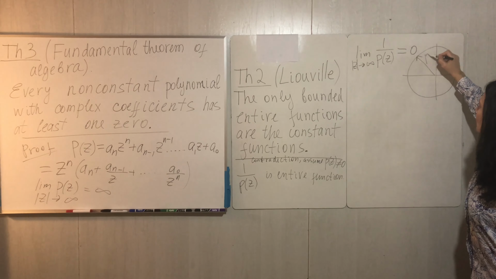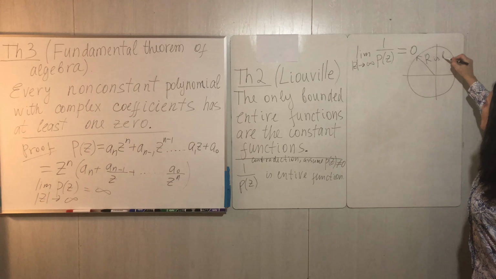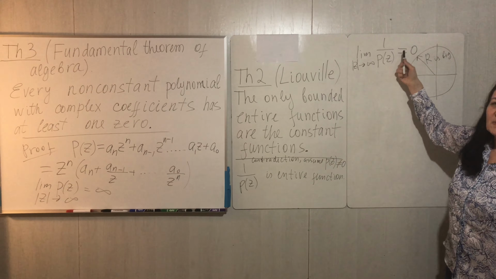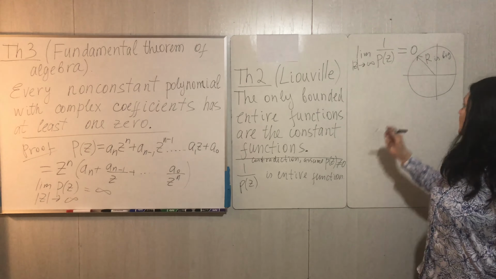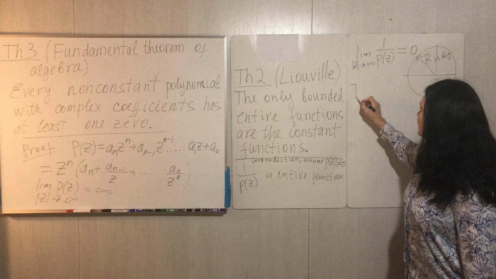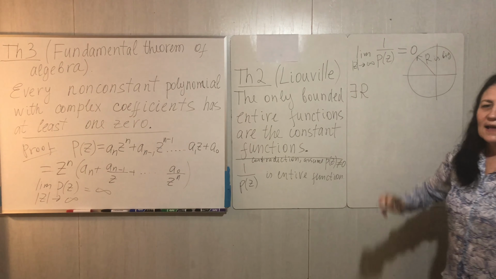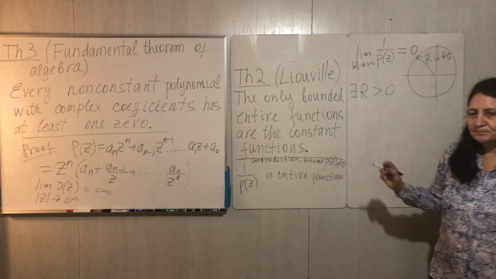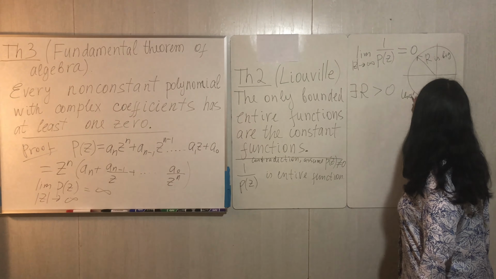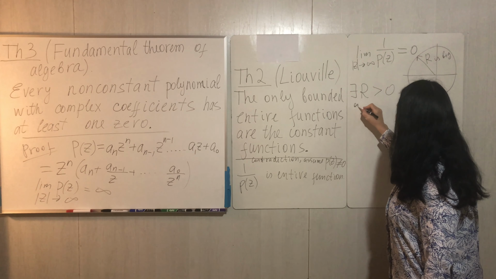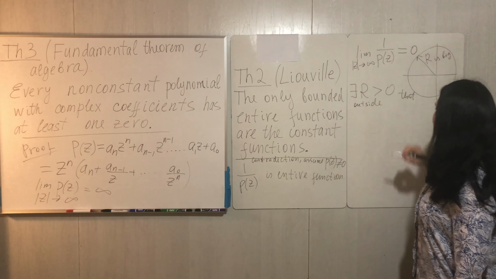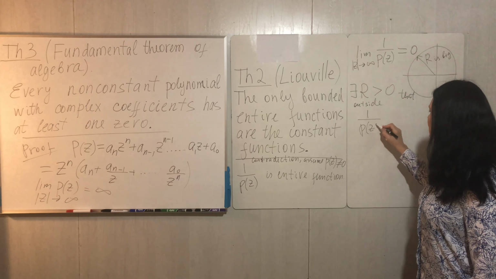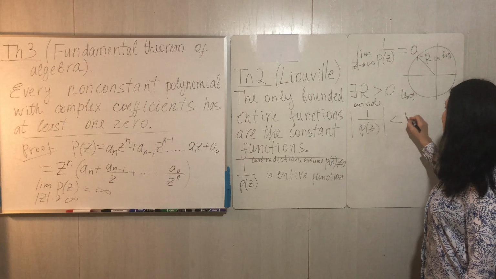If r is huge enough, then this would be getting smaller and smaller, and we can find such an r, there exists such a radius r of the circle, that outside of this radius the modulus of 1 over p of z is less than 1.